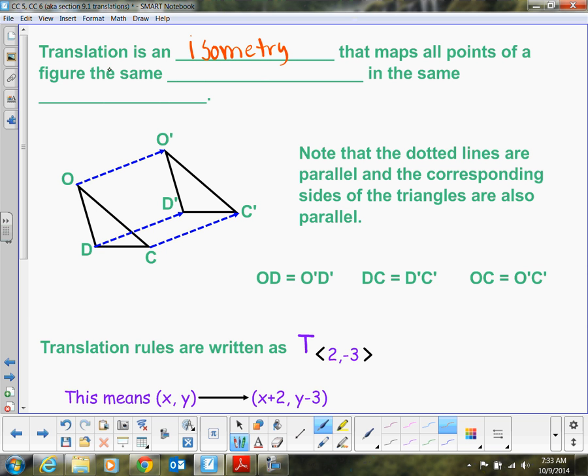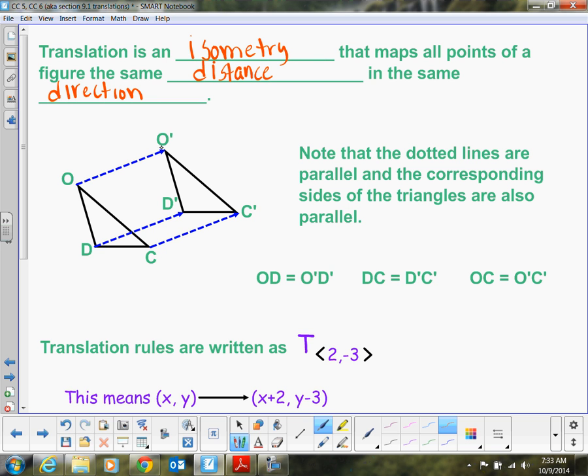Okay. Translation is an isometry that maps all points of a figure the same distance in the same direction. Translation is an isometry, meaning it produces congruent figures. We didn't change its shape. That maps all points of the figure the same distance.